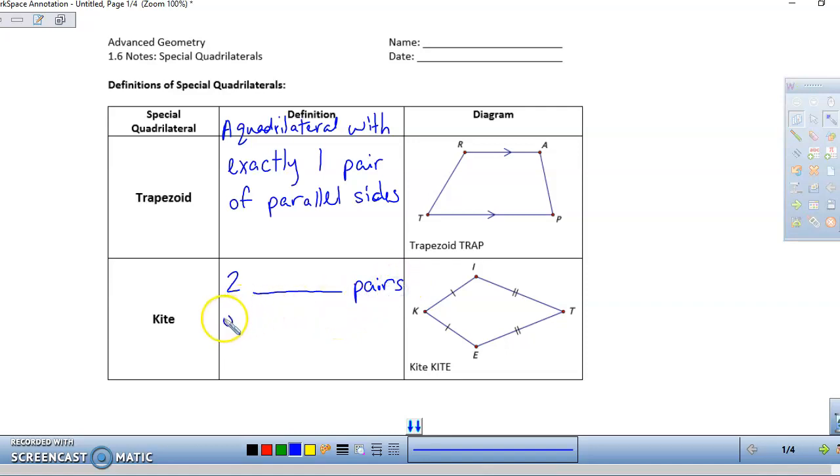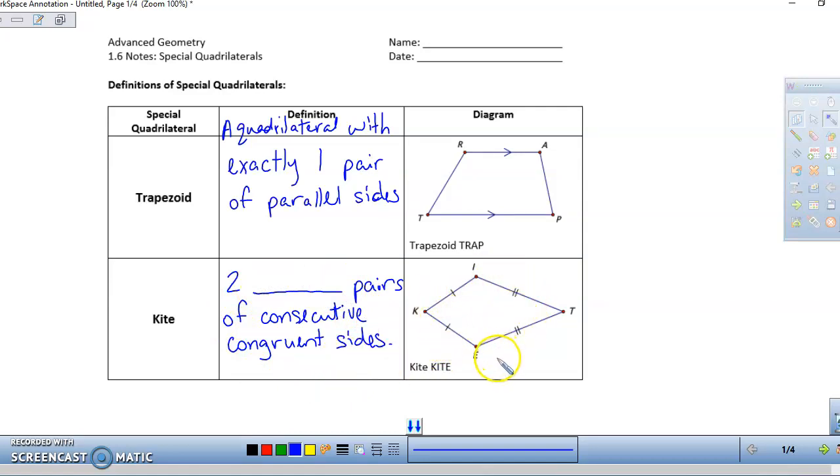pairs of consecutive. So that word consecutive means one right after the other. Consecutive congruent sides. Now, if I just left it like this, that would not account for having all four of them be congruent to each other.